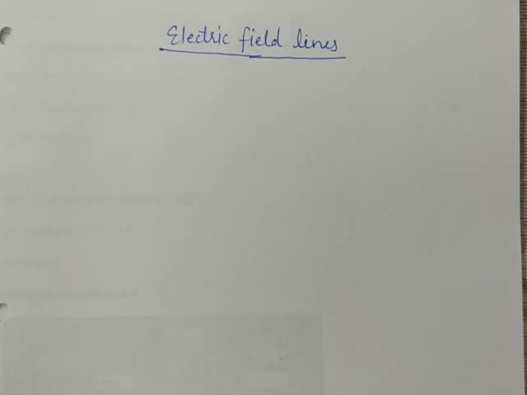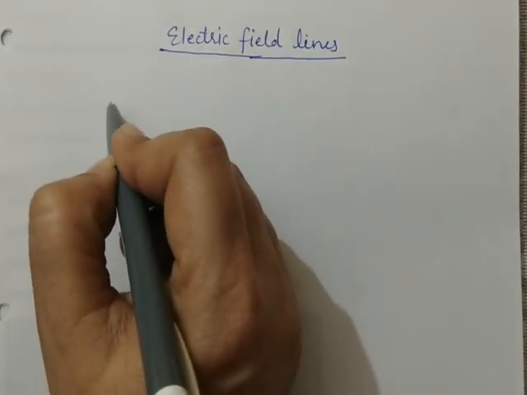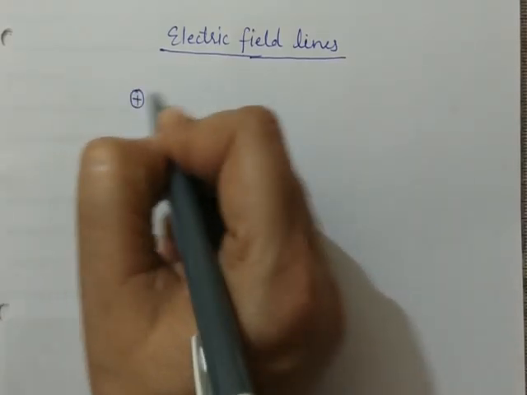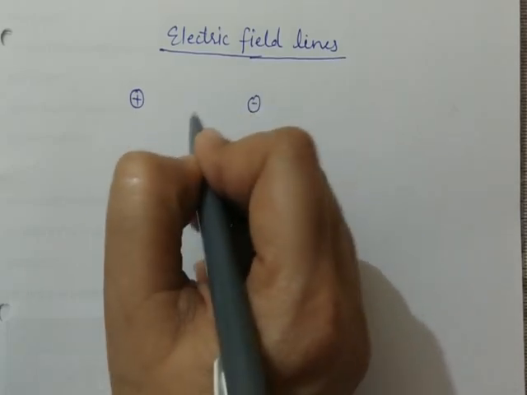They are not visible around a charge, but we draw them on paper according to the properties of charges, which are very useful in predicting the nature of the forces that charges exert upon each other, and the nature of electric field present around a charge. So an electric field line is a simple curve which basically starts from a positive charge and ends at a negative charge.